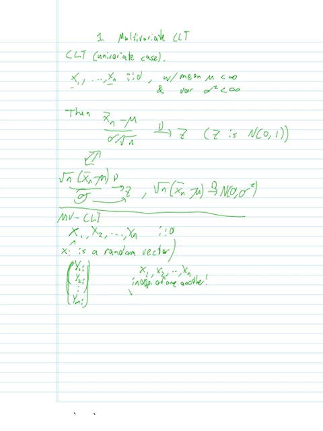For example, y1i and y2i are not necessarily independent. They could be, but they don't have to be for this to work. But each vector xi is going to be independent from each other vector. So the random variables inside x1 will be independent of random variables inside of x2, and so on.